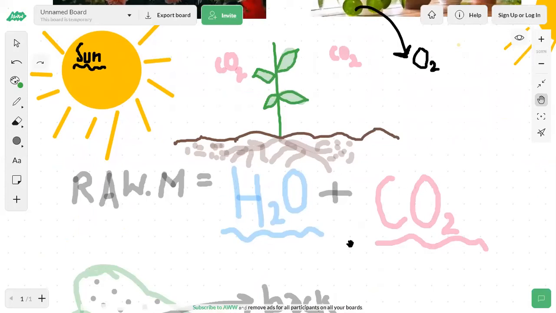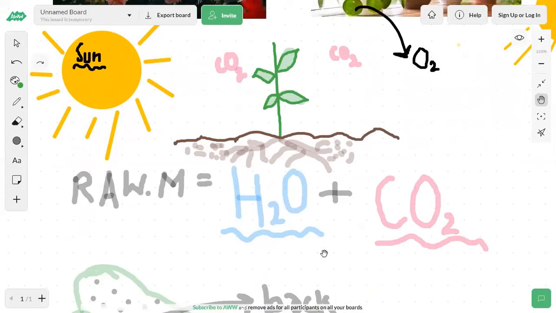And now you say, how do we get these two? We know that we also drink water and we do exhale carbon dioxide when we breathe out. But how do we get water, first of all?